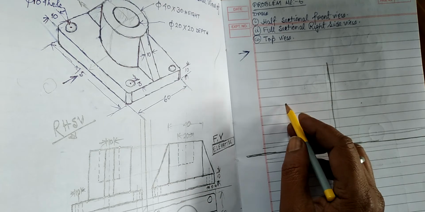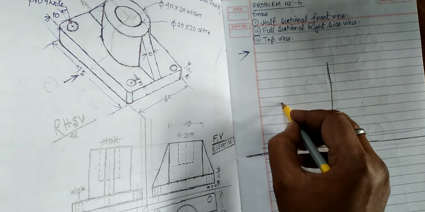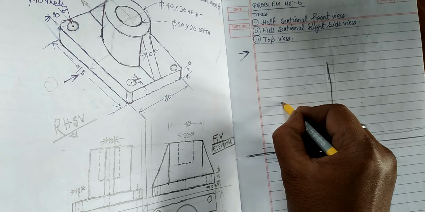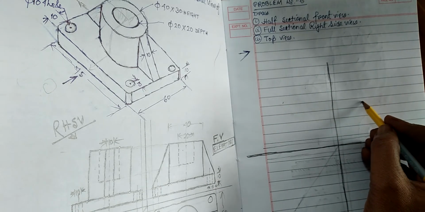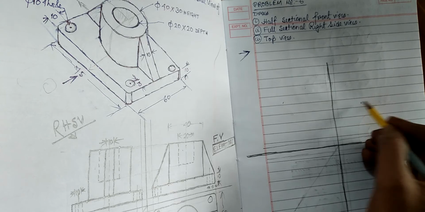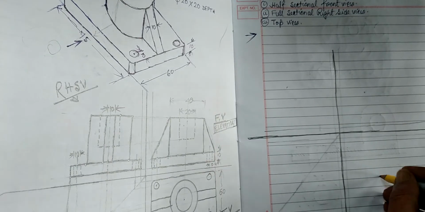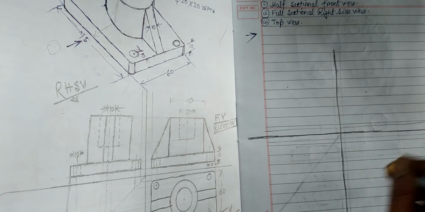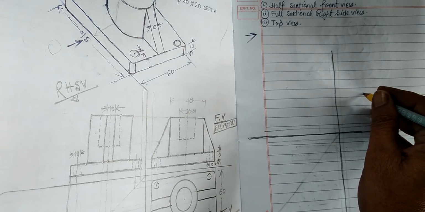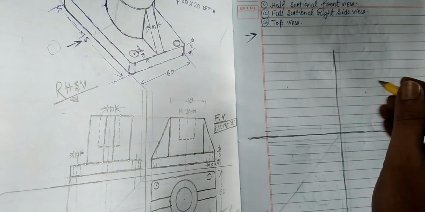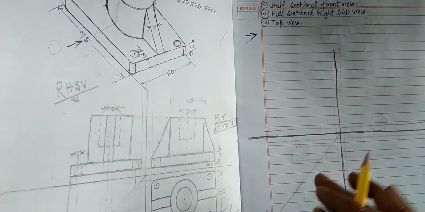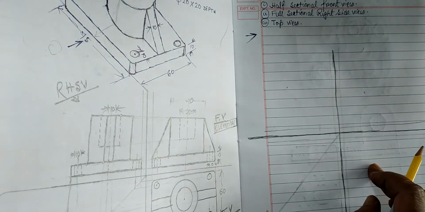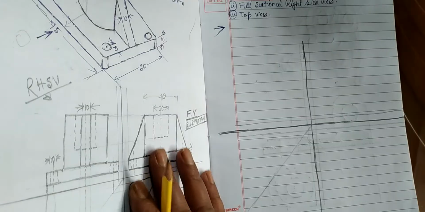So we draw the full sectional right hand side view here, and the front view here, and below the front view we have to draw the top view. Front view means half sectional front view, and the full sectional right hand side view in this portion, and the top view just below the front view, as I told before.